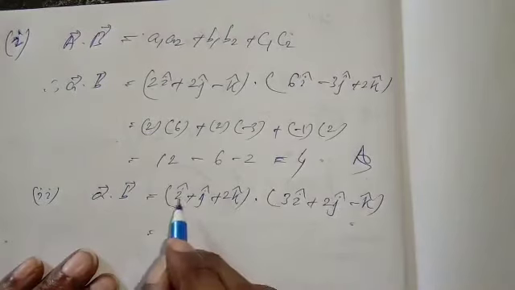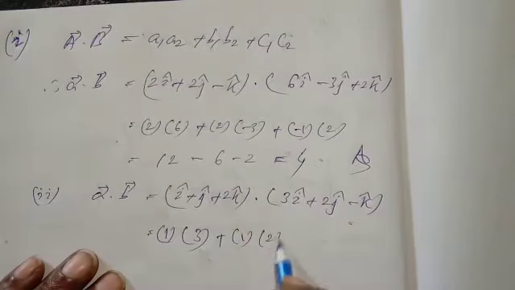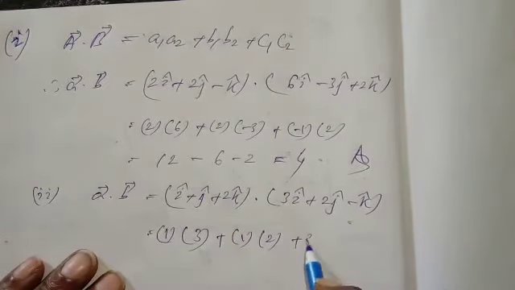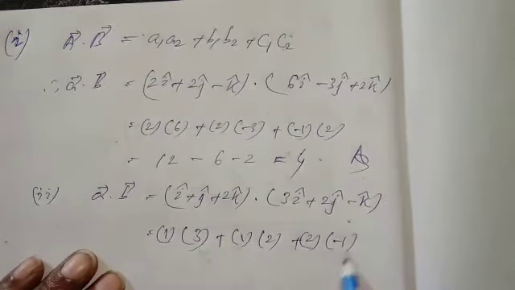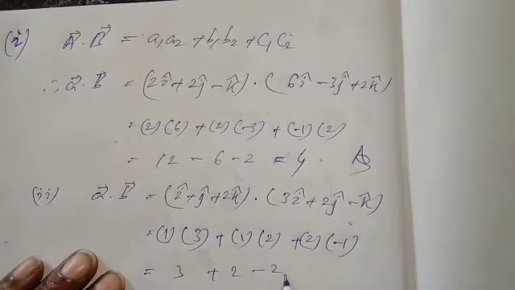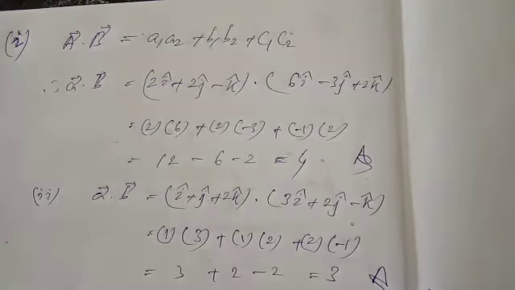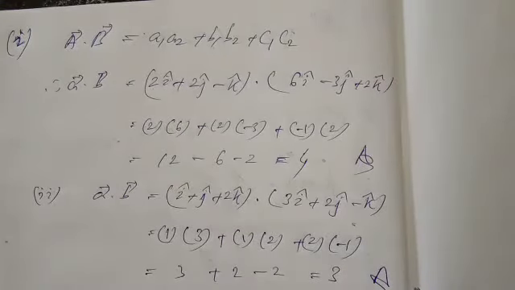By the formula, i coefficient 1 into 3, plus j coefficient 1 into 2, plus k coefficient 2 into minus 1. So 3 plus 2 minus 2, the 2 and minus 2 cancel, and 3 is the answer. In this way, first part and second part are completed.